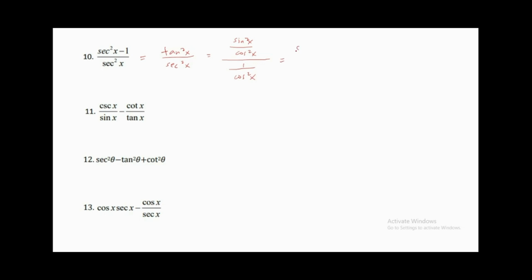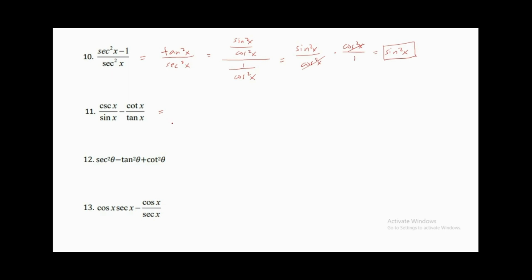So that becomes sine squared x over cosine squared x times the reciprocal of this, which will be cosine squared x over 1. Cancel the cosine squared x. What is left is sine squared x. So this is the simplest form for this expression.